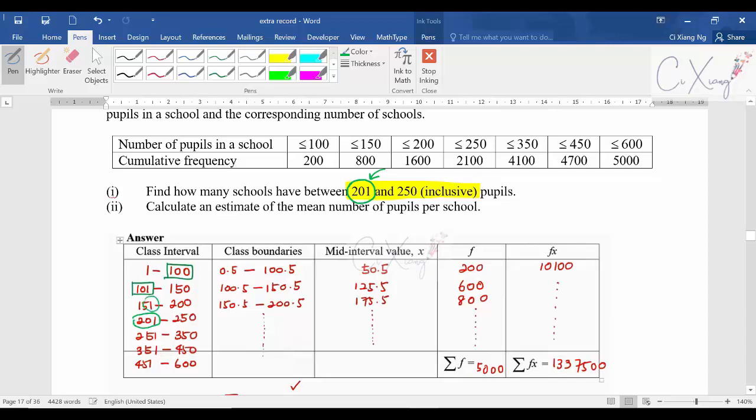Therefore, you have to follow the pattern. So all the classes in the table are actually class intervals, and you need to do the adjustment to make them become class boundaries. This is the reason why all the lower class intervals in example 12 start with 1. It is because of the hint given in example 12.